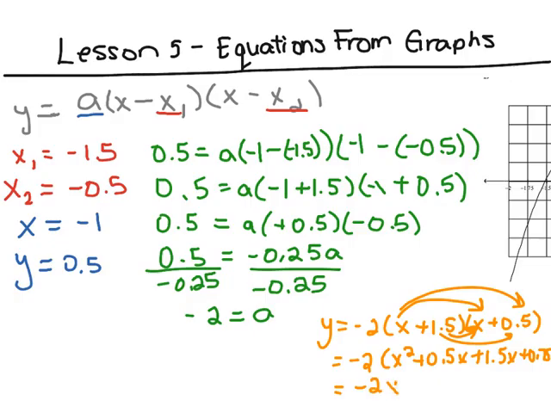So we're left with negative 2x squared. 0.5 plus 1.5 is 2, times negative 2 is negative 4x. And 0.75 times negative 2 is negative 1.5. So this is our equation in general form.